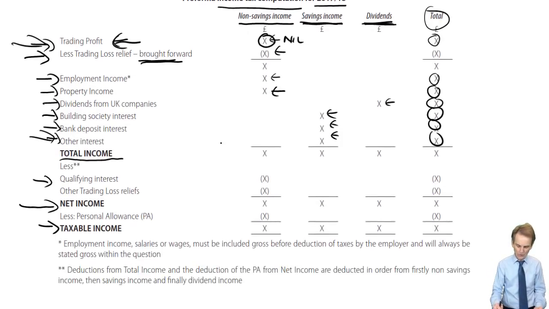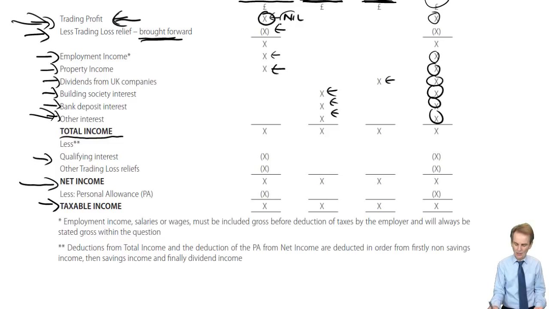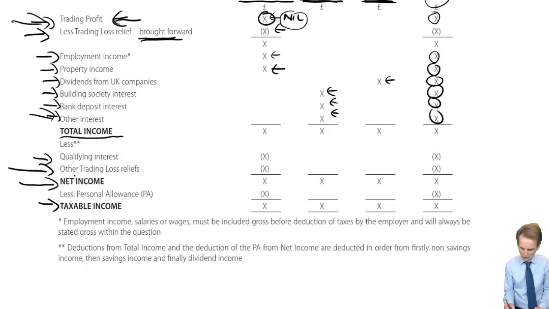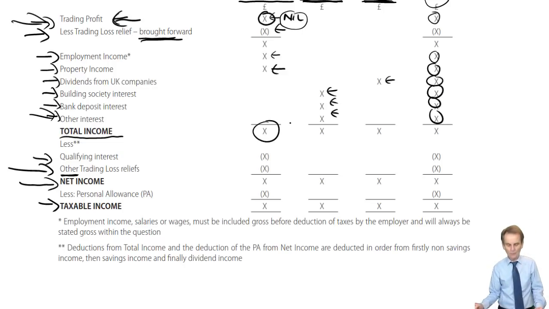But if it were the loss of this period and we had our nil assessment there, an immediate use, if we wish to make it this way, would here in this term, pretty general term, other trading loss reliefs, we could deduct it from the total income of this period.